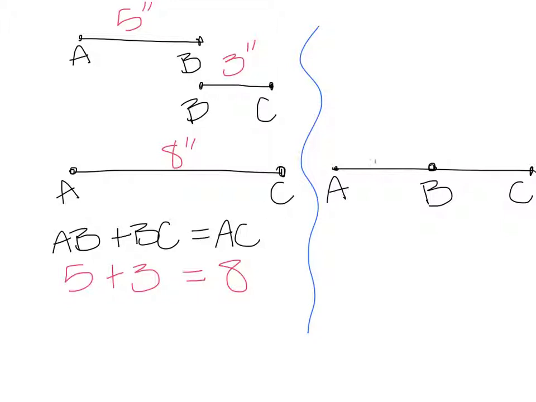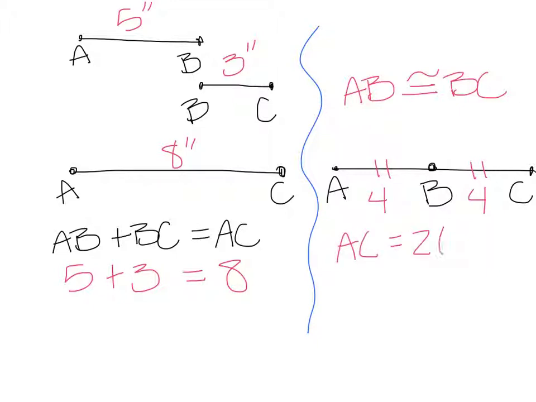So we could say that segment AB is congruent to segment BC. So if segment AB were 4 units, segment BC would also be 4 units. And we know that segment AC would be 2 4-unit segments put together, or 8 units.